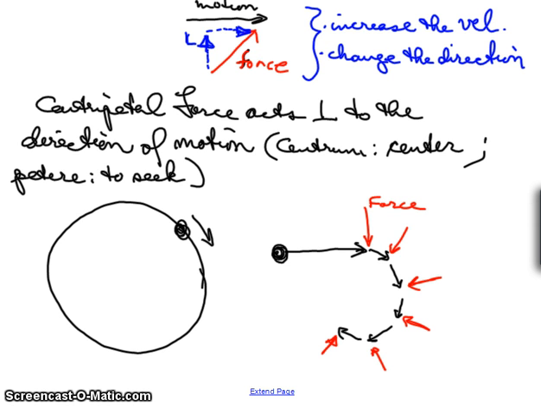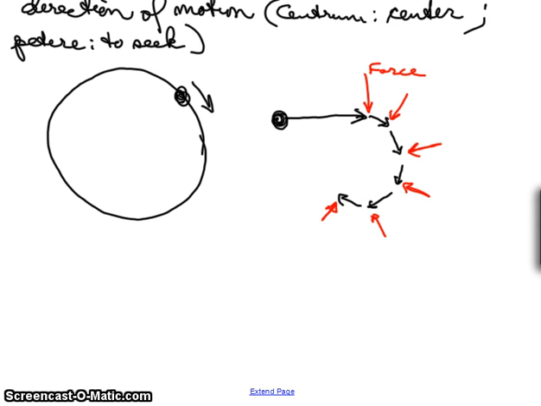It's going to require a little modification in our definition of the first law. So the first law, it used to be very casually, an object at rest tends to stay at rest, and an object in motion tends to stay in motion.